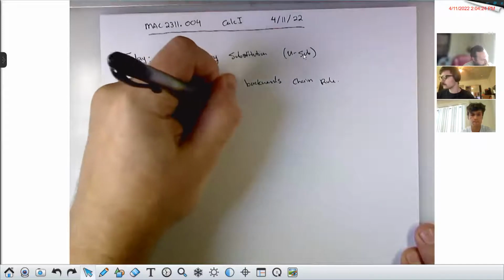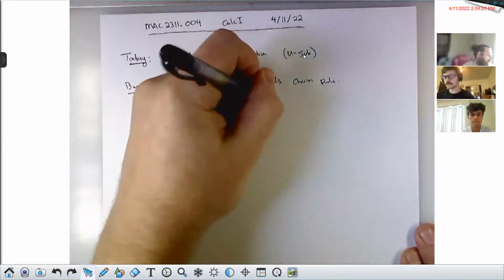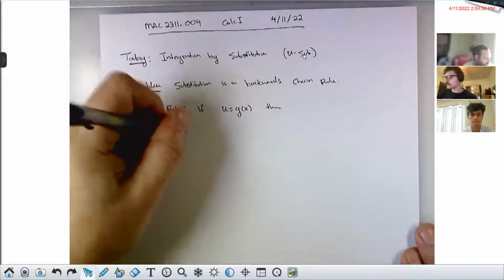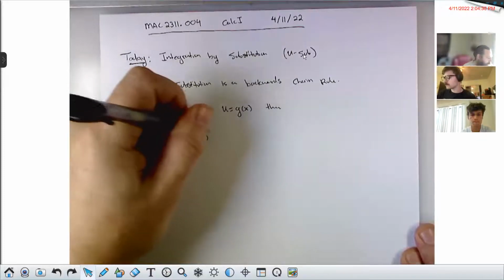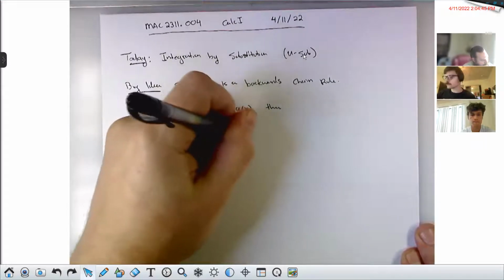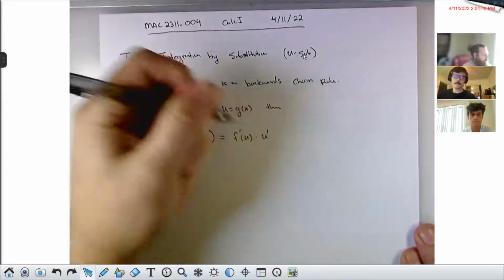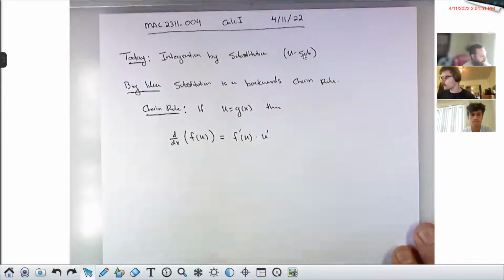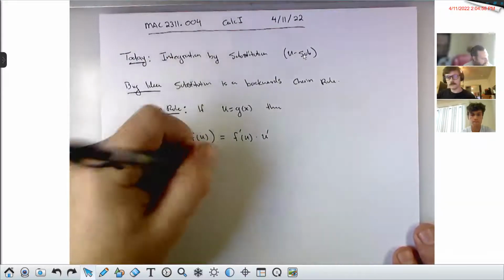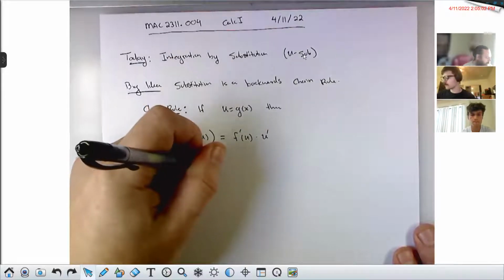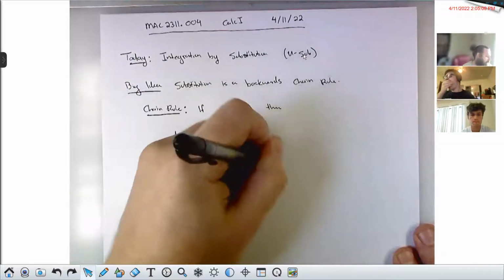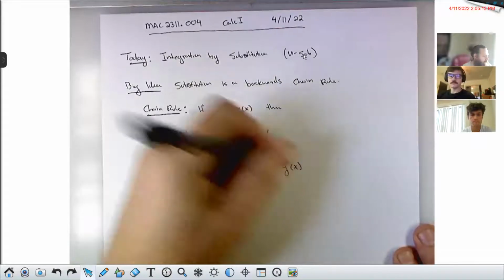If u is equal to g of x, then the derivative d/dx of f of u would be f prime of u times u prime, which could also be written as d/dx of f of g of x is equal to f prime of g of x times g prime of x.